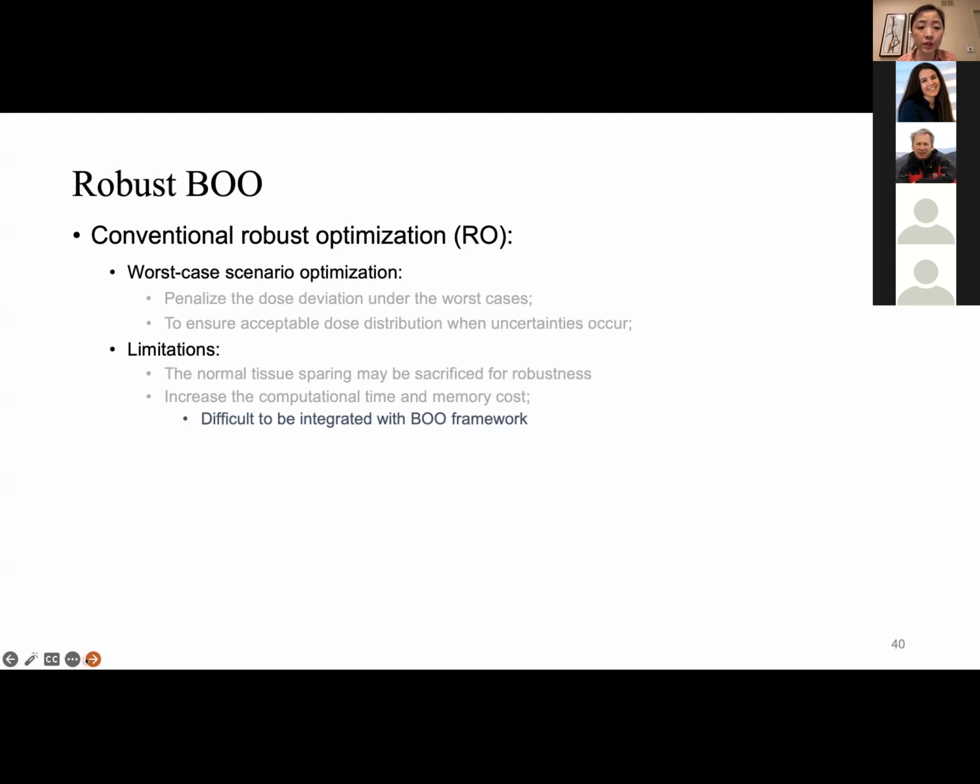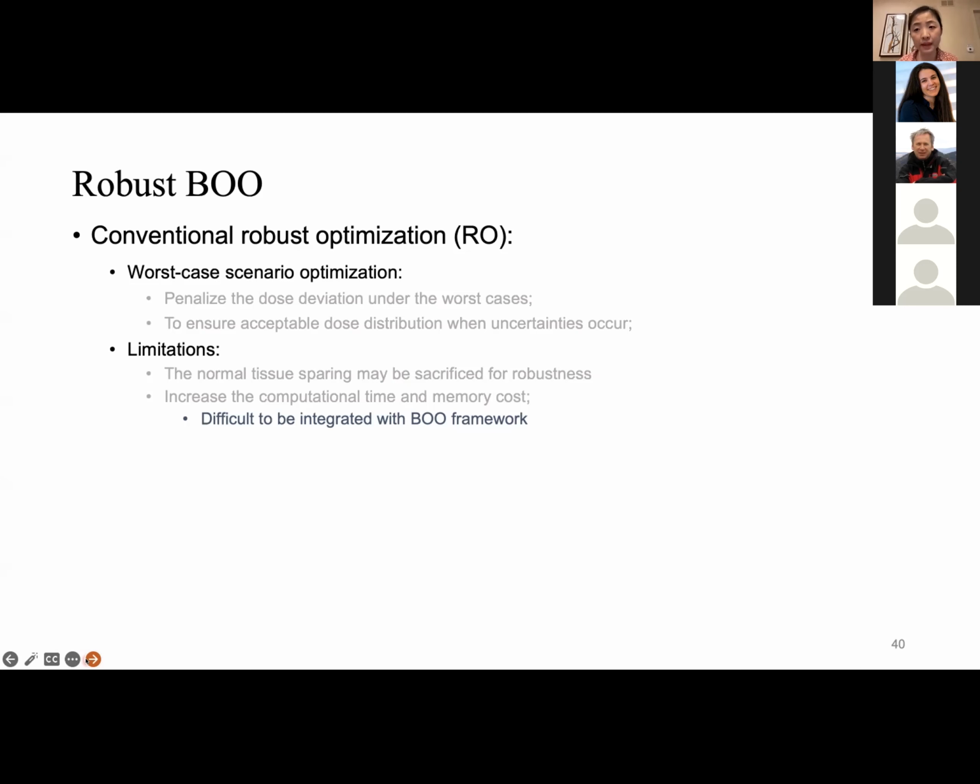The second issue is that for robust optimization, we need to calculate all these different cases. That means both the computational time and the memory cost will increase a lot. This makes it even more difficult to include in our current BOO framework, because we already have over 1,000 candidate beams. If we need to consider 10 worst cases, then we will have 10,000 different cases.